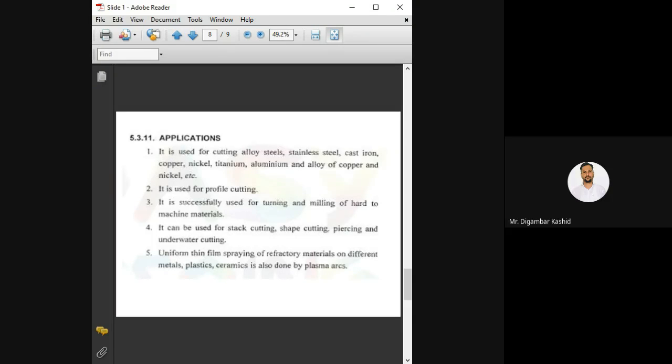We can use that system for punching operations as well as shape cutting on light duty plates made of stainless steel, aluminum and copper, which are difficult to machine by our traditional process, that means the oxy-fuel system.